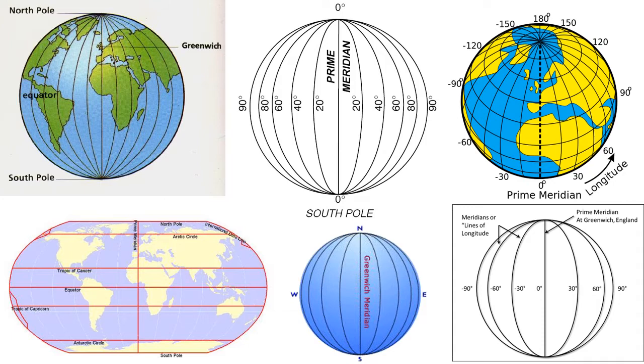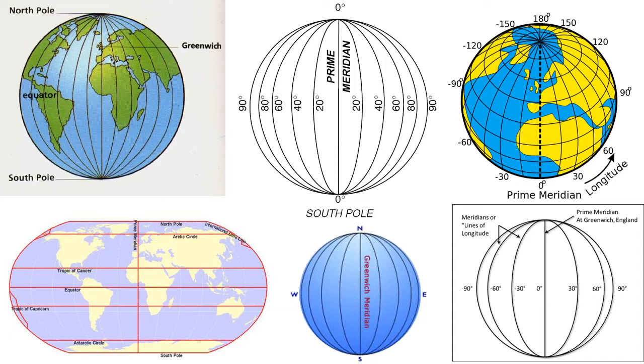Also, in the fifth diagram beside it, you can see where Greenwich would be located in comparison to the north, south, east, and west direction.